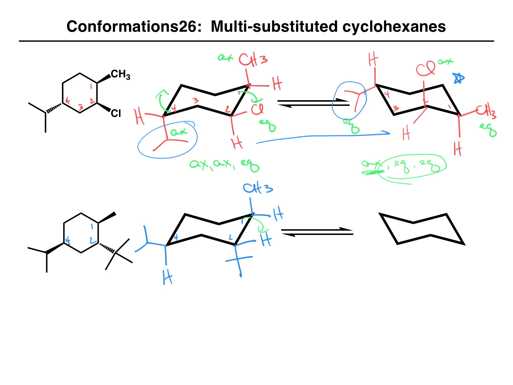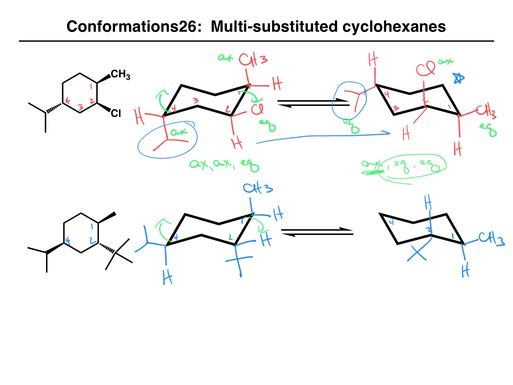As we do our inversion, then this is carbon 1, 2, and 4. Carbon 1, we still have our methyl on the top face, hydrogen on the bottom. At carbon 2, we still have our hydrogen on the top face and our T-butyl group on the bottom face.